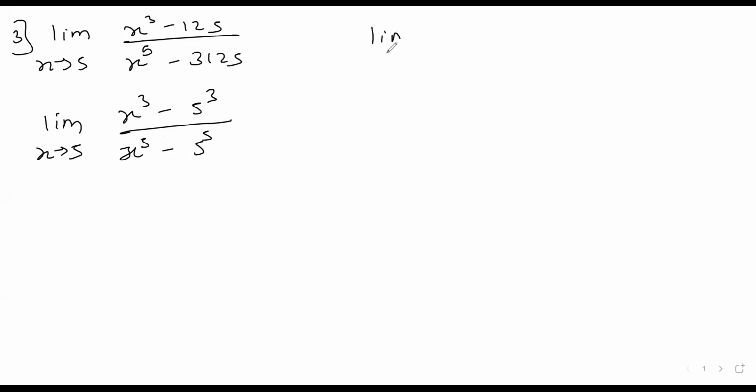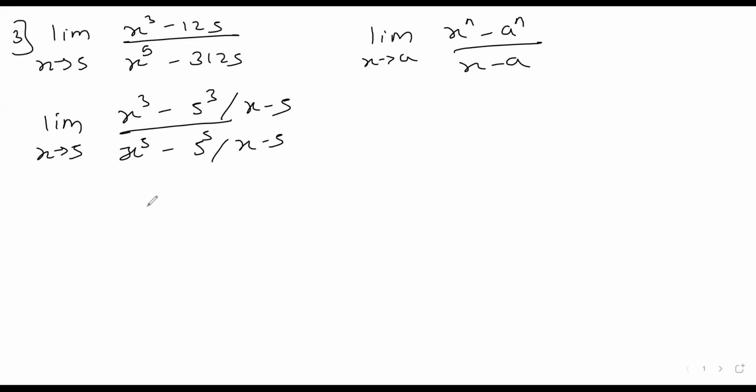I have a formula, limit x tends to a, x raised to n minus a raised to n upon x minus a. See, for limit x tends to a only this one formula is given, the rest are x tends to 0, so we will use this formula for x tends to a. But here x raised to n, a raised to n is there, but x minus a is not there. I don't have x minus 5 here, so I will divide x minus 5 to both numerator and denominator.